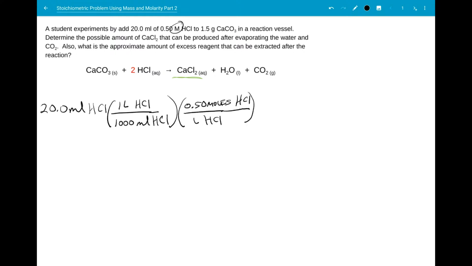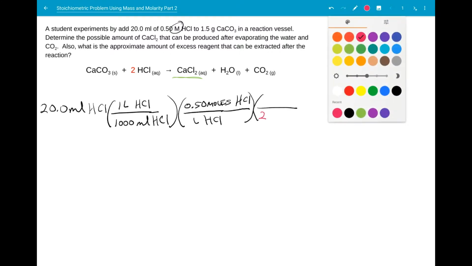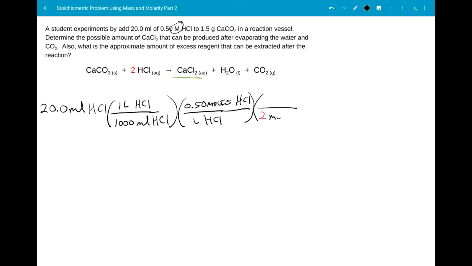Since our balanced equation is in terms of moles, we can convert moles HCl to calcium chloride. The 2 moles of hydrochloric acid comes from the balanced equation, and we'll require 1 mole of CaCl2.